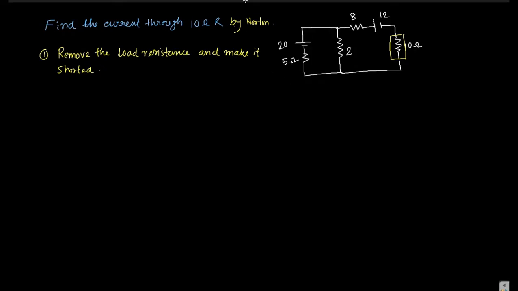If we solve the same numerical by Thevenin's theorem, then what should we do? We replace the load resistance and make it open, but as we have to find the current through Norton's theorem, we should remove the load resistance and make it short.